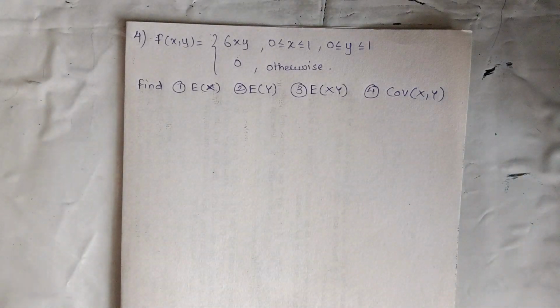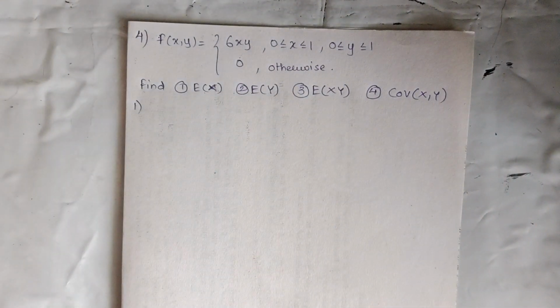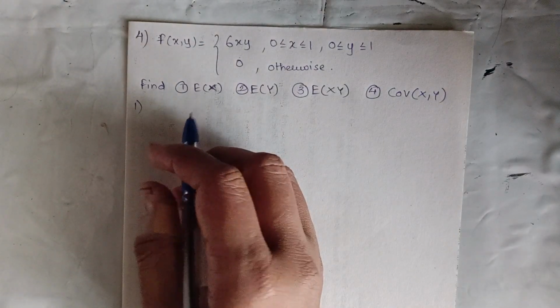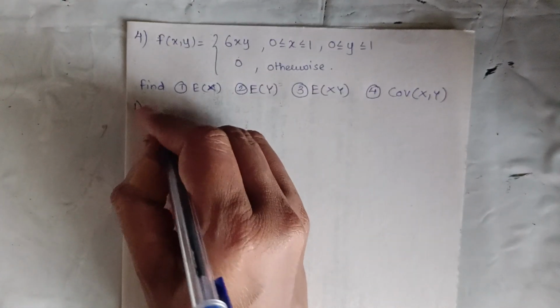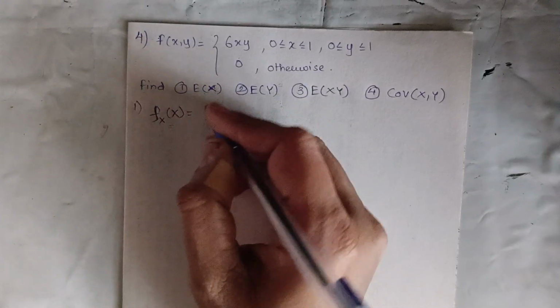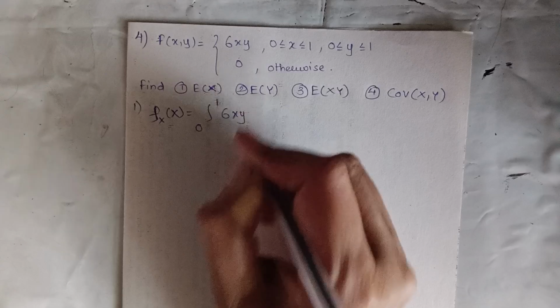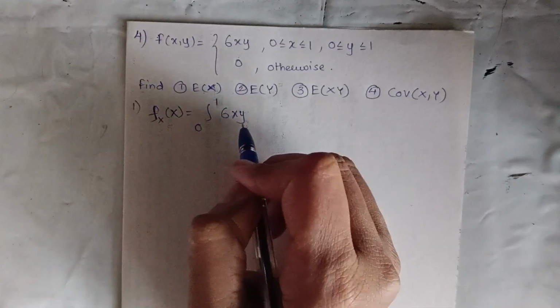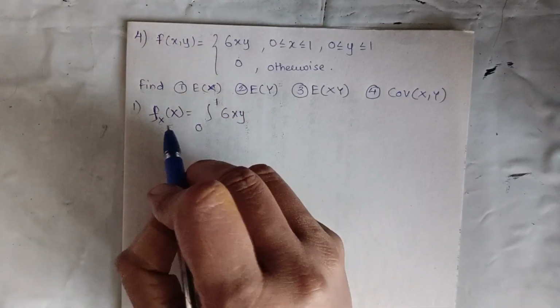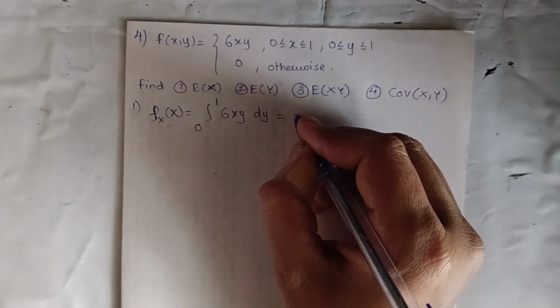So to find E of x, you have to first find out fx, right? Integral 0 to 1, 6xy, and we integrate with respect to y. Okay?